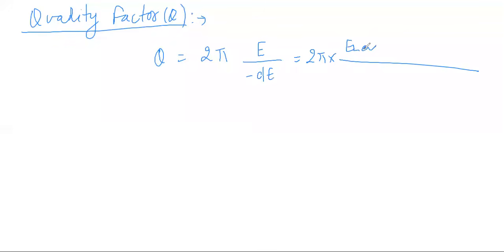Now quality factor is defined as 2 pi multiplied by the energy stored in your oscillator divided by the energy lost in one cycle.